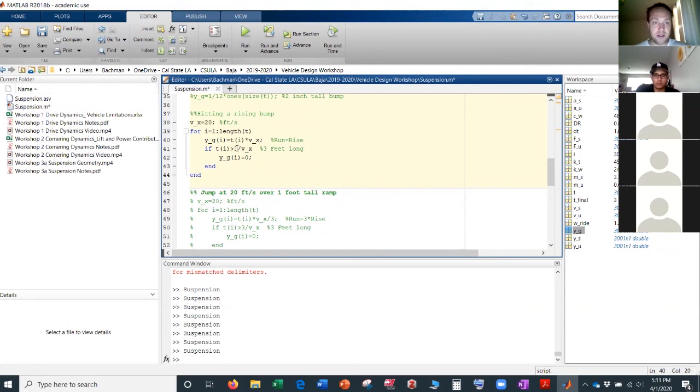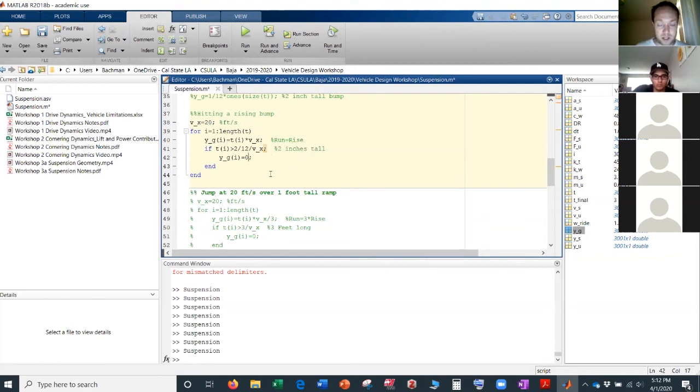And let's have it go up 2 inches. So 2 divided by 12. This is 2 inches tall.